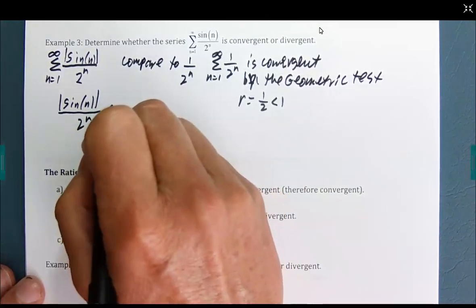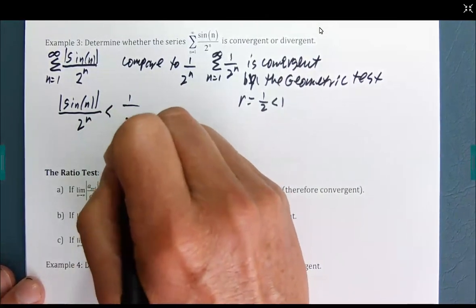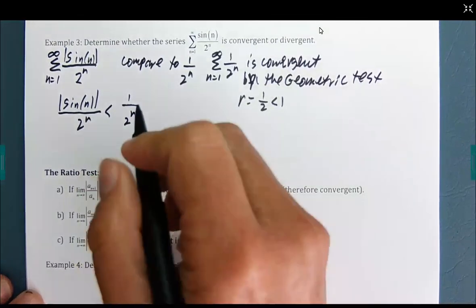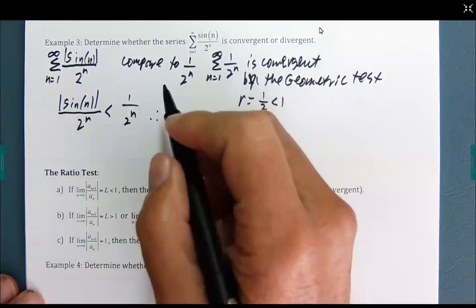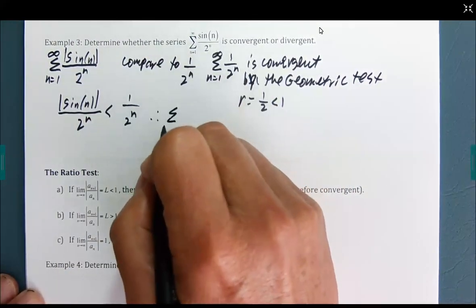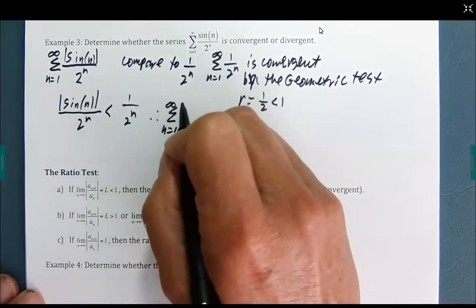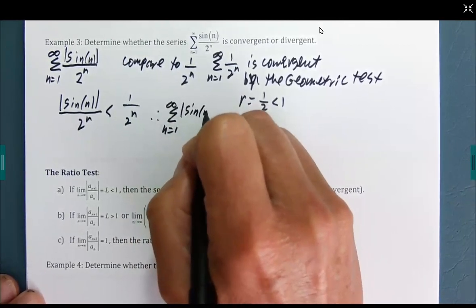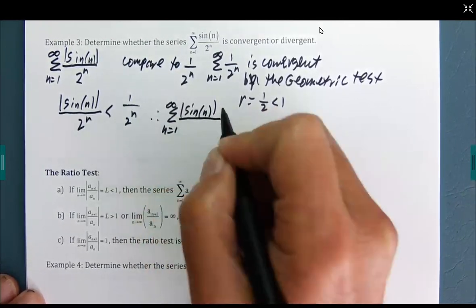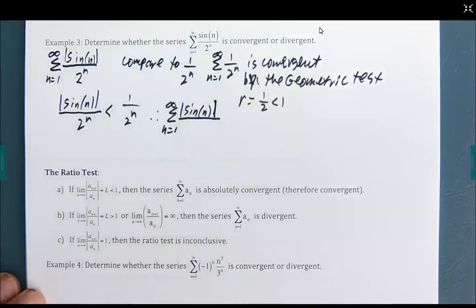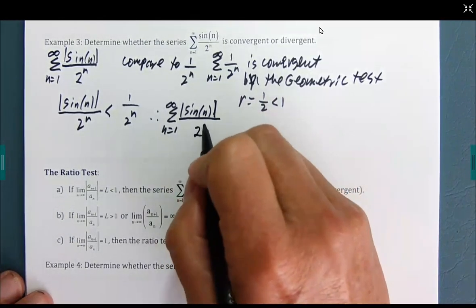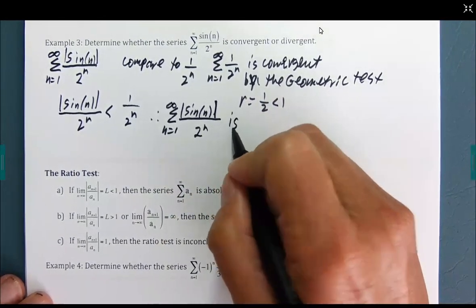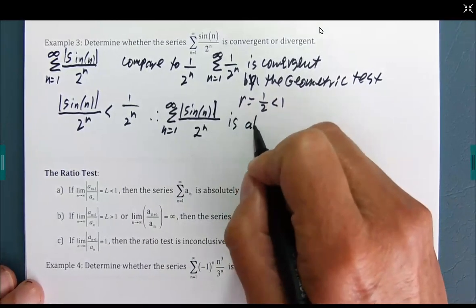And this is always going to be less than 1 over 2 to the n for all of the terms. And because this one converges, we can therefore say that this converges. By the way, this is higher mathematics where this is true, this is true, this is true, therefore we can conclude that this other piece is also true. This is absolutely convergent.